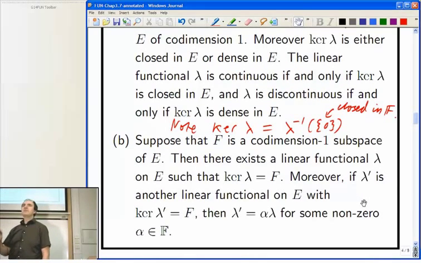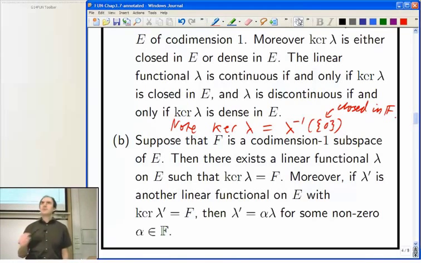So that's a very nice connection between linear maps, linear functionals and their kernels, which, if you have a good look at that, it'll give you a decent understanding of what sort of thing a linear functional can be. And again, if you're looking at finite dimensional spaces, you're then looking at the subspaces which are one dimension down.